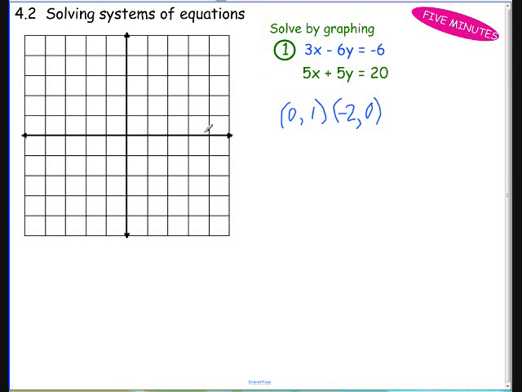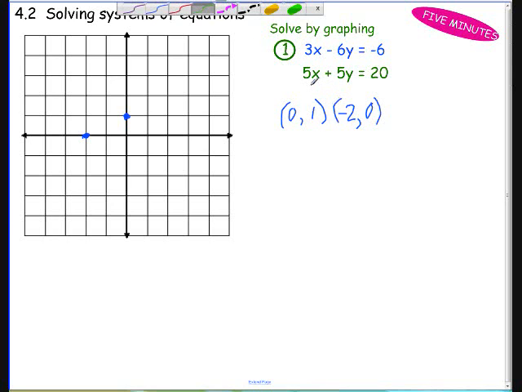So let's plot those 2 points. When x is 0, y is 1, that's our y-intercept. When x is negative 2, that's our x-intercept. And there's our line. I'll graph that in just a moment.